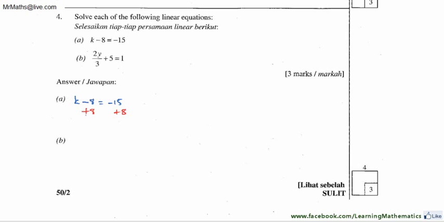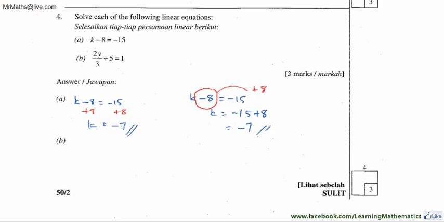I'll do both. So minus 8 plus 8 becomes k, and here minus 15 plus 8 becomes minus 7. We can also use this method, it depends on which one you prefer. We move minus 8 over to the right-hand side, it becomes plus 8. So k is equal to minus 15 plus 8, which is minus 7. Both methods give you the same answer.